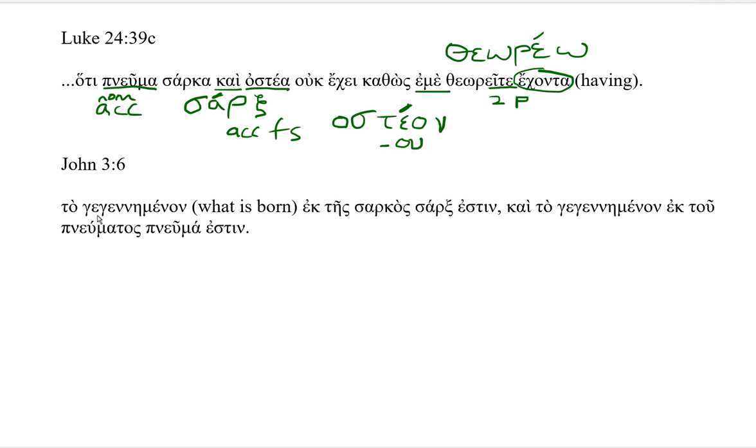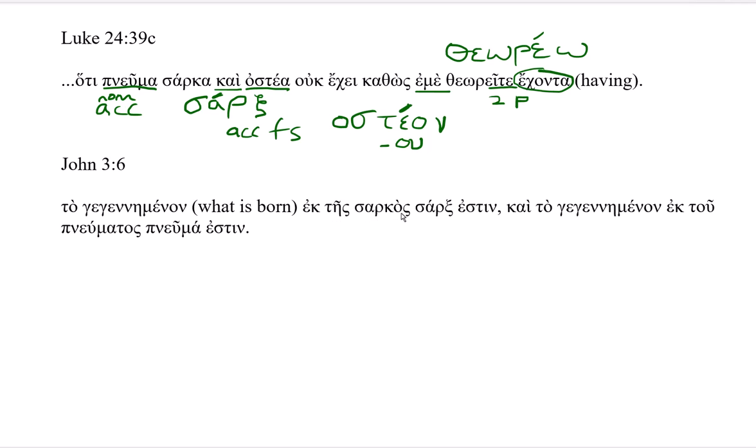It is either nominative or accusative. It's a neuter. The to tells us it's either neuter nominative singular or neuter accusative singular. So we'll have to see what else is going on here. It means the thing that is born or the one that is born. Since it's neuter, it's probably the thing that is born or what is born.